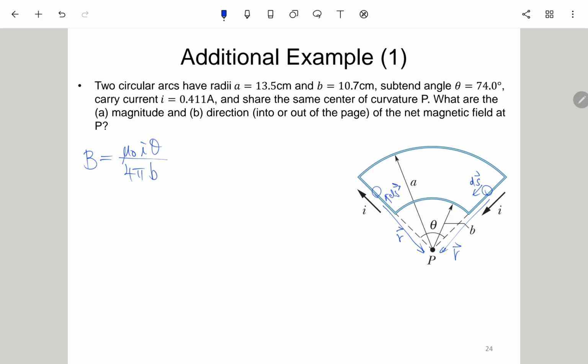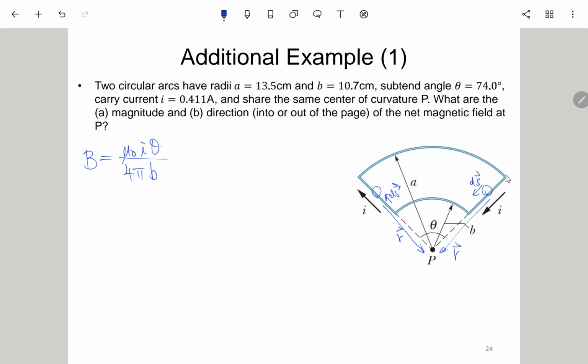We just make use of the formula we derived previously, actually yesterday. This term is due to the shorter circular arc. Mu naught I, theta is this angle, and b is the distance.